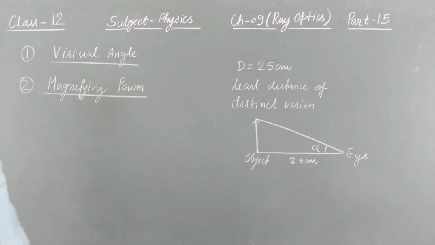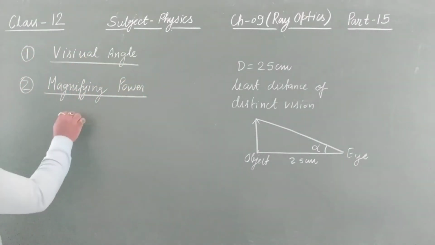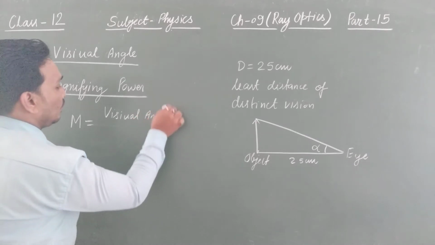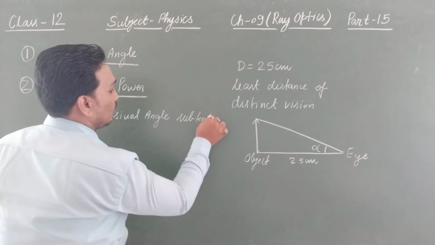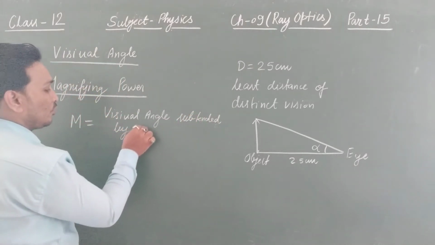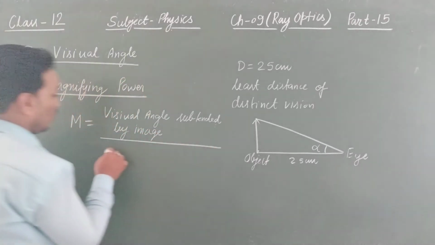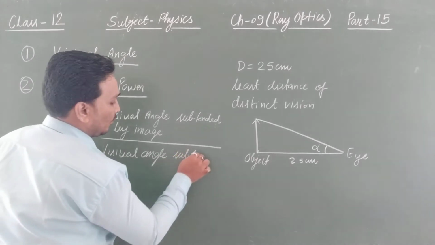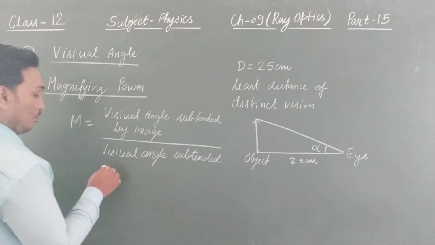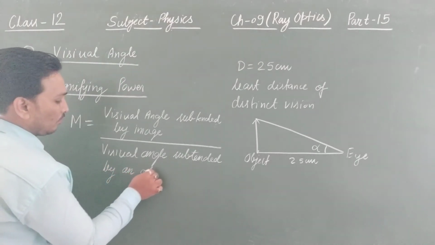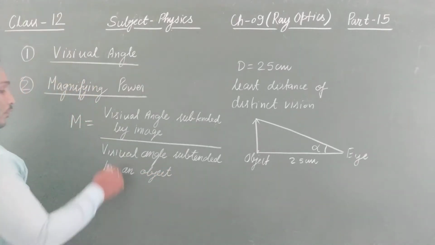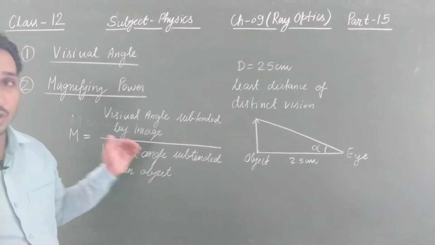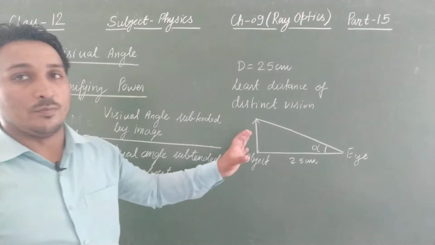It is defined for all optical instruments, and basically magnifying power, capital M, is defined as the visual angle subtended by the image upon the visual angle subtended by the object. So this is the definition of magnifying power. We need to understand that the position of the image and the position of the object are different. For different positions of the image, this magnifying power will be different.